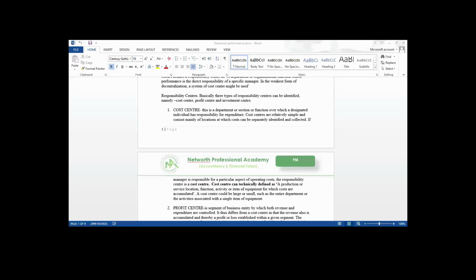They only spend money. Please note, a division can never be a cost center.